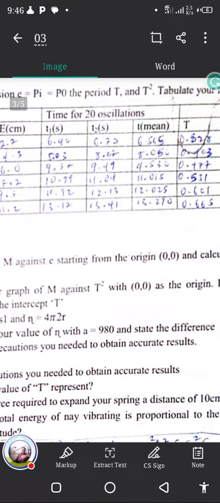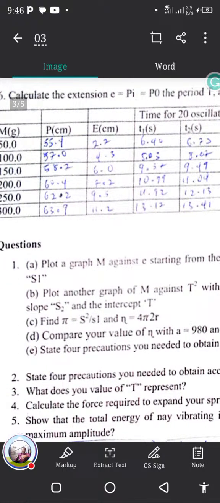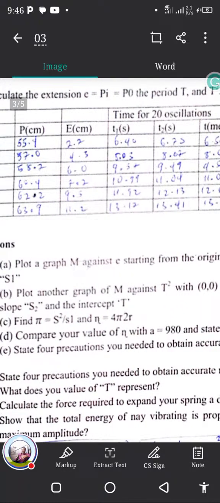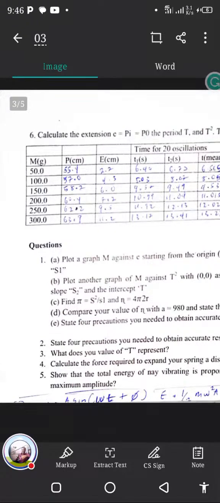So I'm going to explain what that actually means. And then state the difference, so you are subtracting this from this, and that's all. Then state 4 precautions you needed to obtain accurate results. We'll look at all those. I'm just trying to read the question so that we get familiar with what we are going to be expecting at the end of the day.